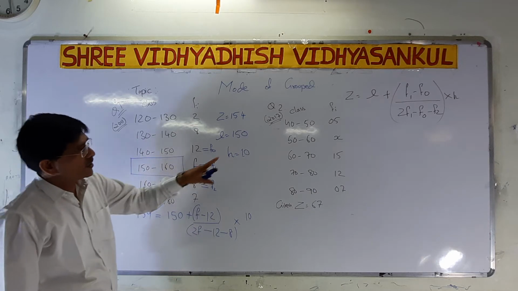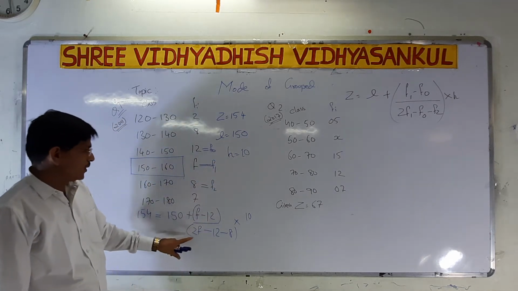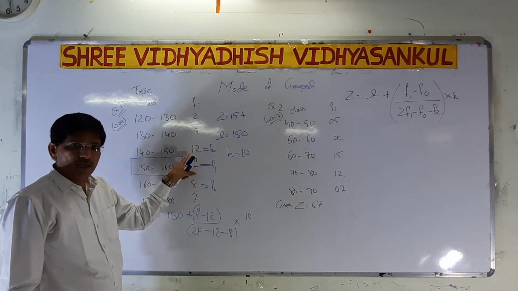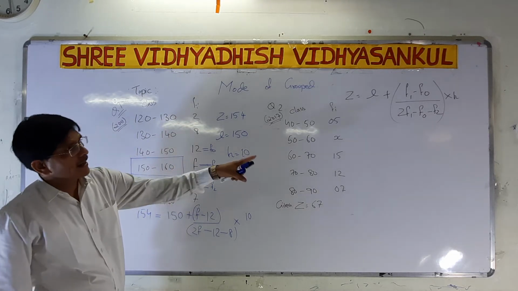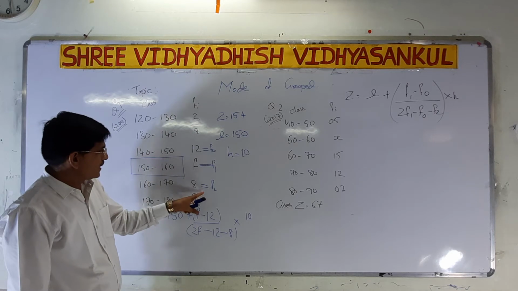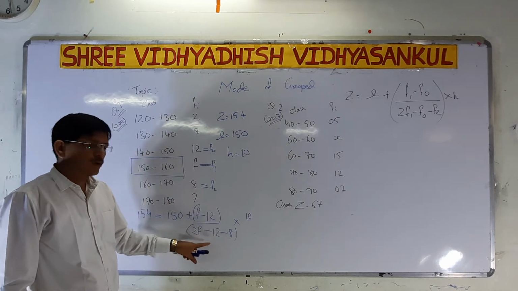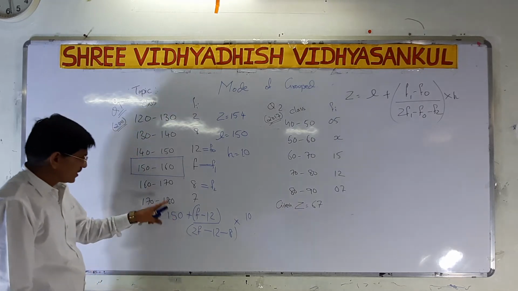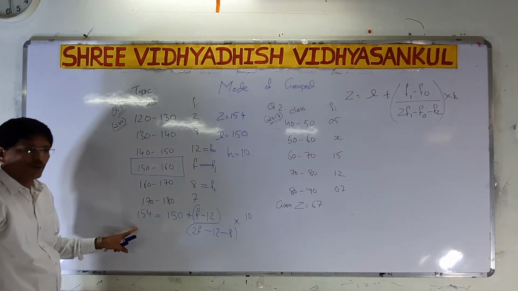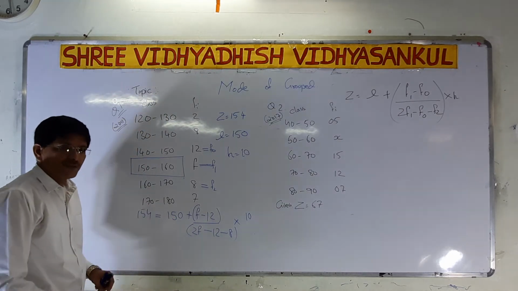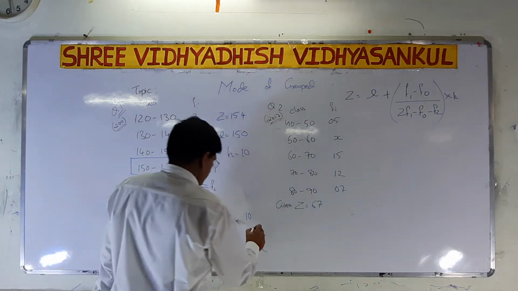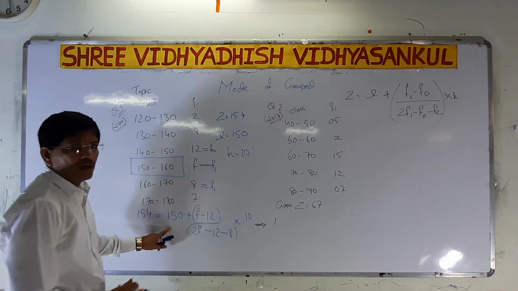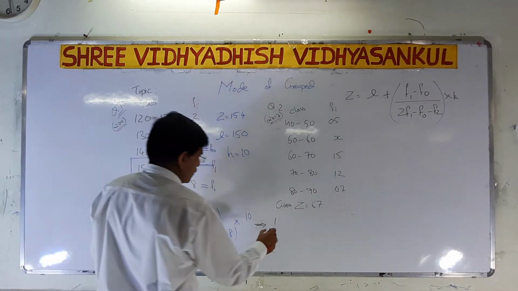If you total it, that is 2F minus 20. Shifting 150 across, 154 minus 150 is 4.